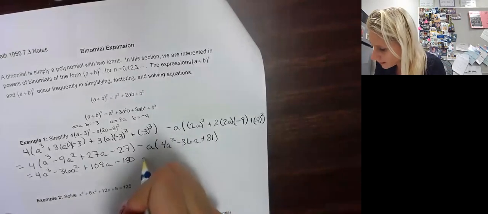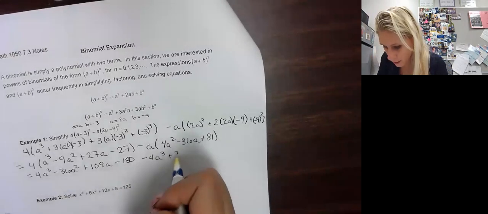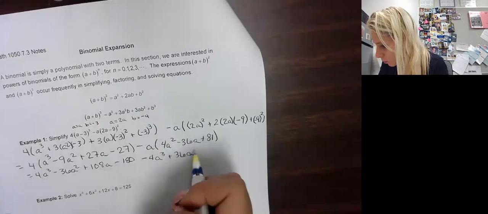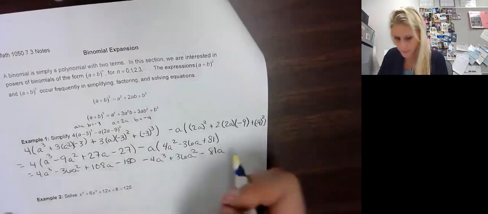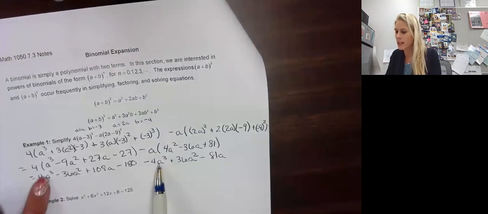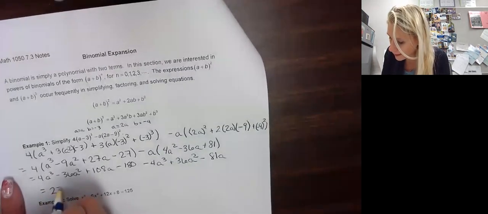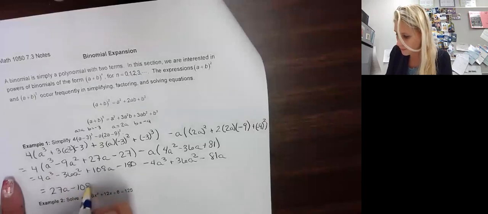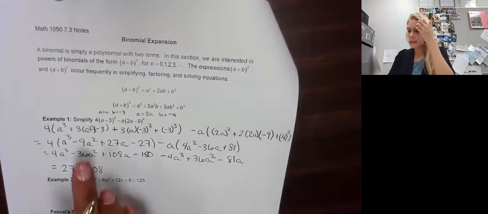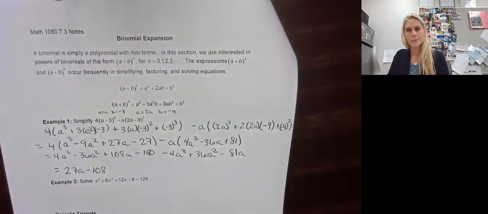So that's a -4a cubed, positive 36a squared, minus an 81a. Now, if we combine like terms, we find that we have a lot of terms that are canceling out, leaving us with 27a minus 108. Crazy to believe that this huge expansion just comes out to two terms.